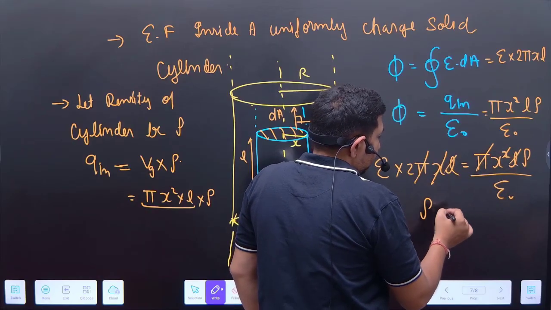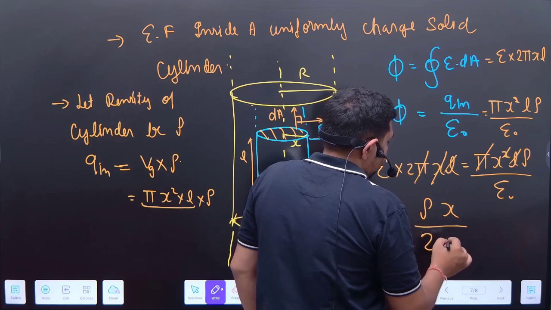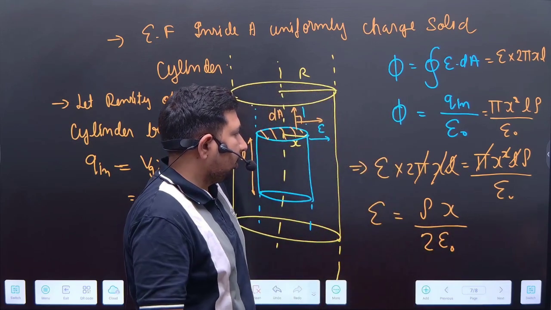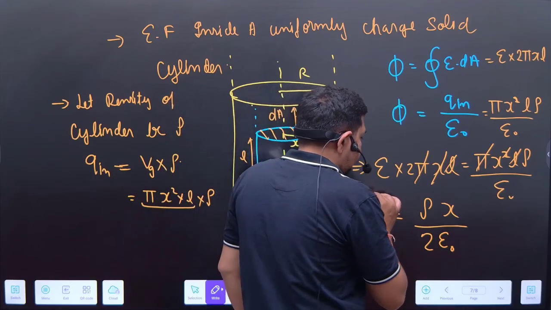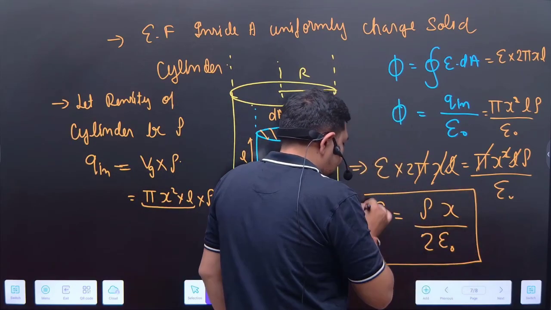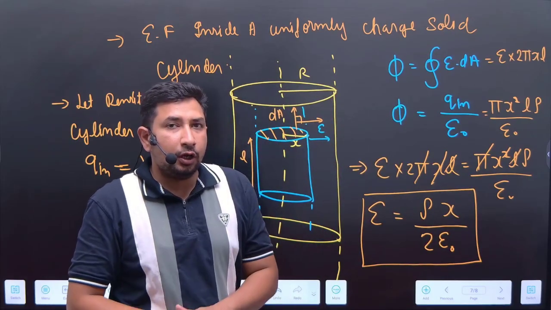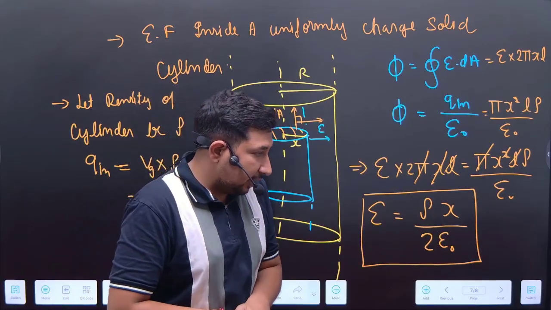So it should be rho times x by 2 epsilon naught. Okay, so that gives us the electrical field inside a uniformly charged solid cylinder. Okay, I hope you understand this entire concept.